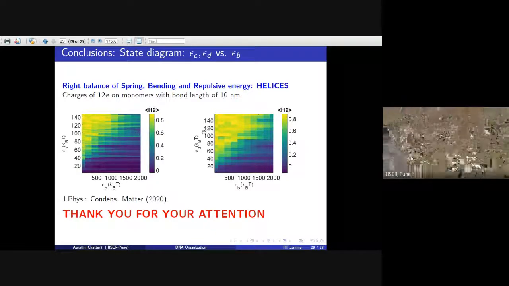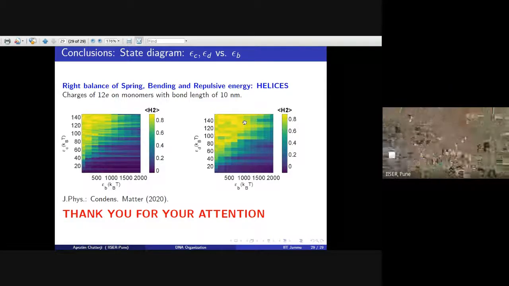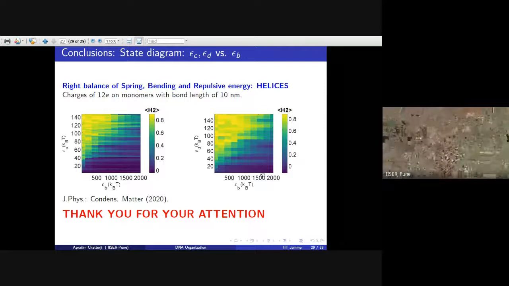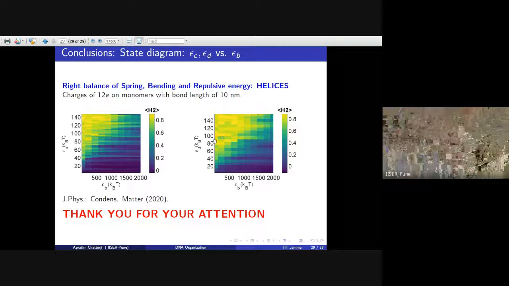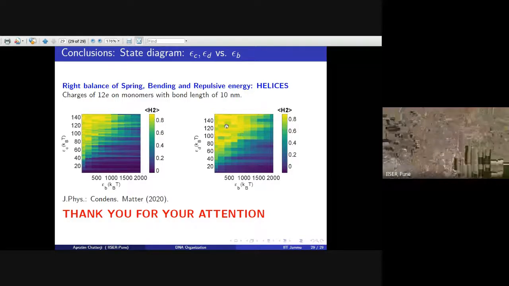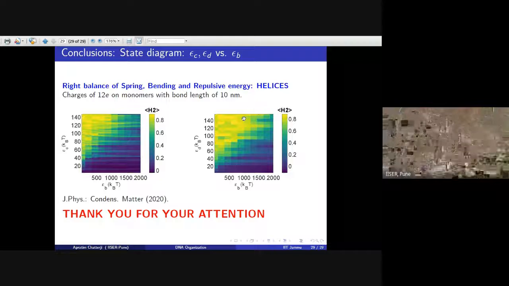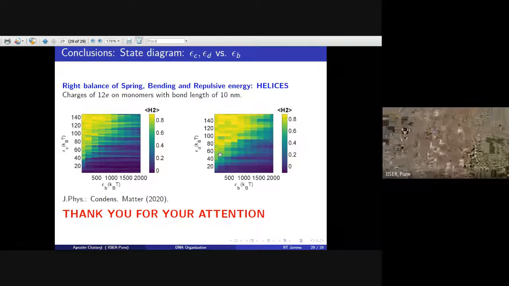We have plotted a similar state diagram for when you get helices and when you don't. Basically with this 1 by r cube potential, you have longer lived helices, and also you get to see helices for a larger range. You have the state diagram.